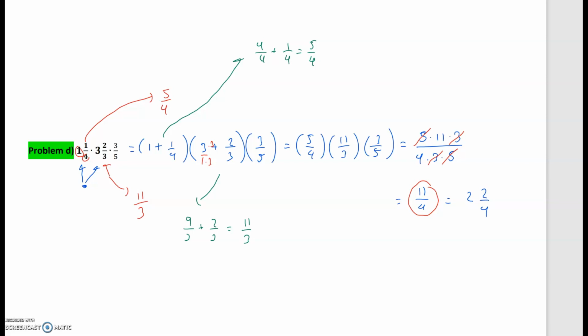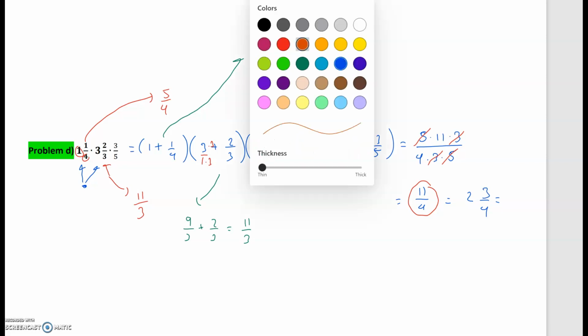Give me just a second. And then you can reduce this one as, wait, no, it's 3/4. Sorry, this is an error here. I knew it was off, but I couldn't put it together. So it's going to be 2 3/4. That's another way of viewing it.